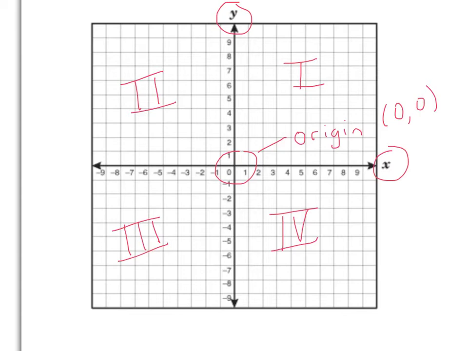That's how we designate it in math, is by using the Roman numerals. Again, quadrant 1, 2, 3, and 4. Most of the work that we will be doing this year is going to be in quadrant 1, but there are going to be times that we use all four quadrants. But for a lot of our problems, we're just going to use quadrant 1.